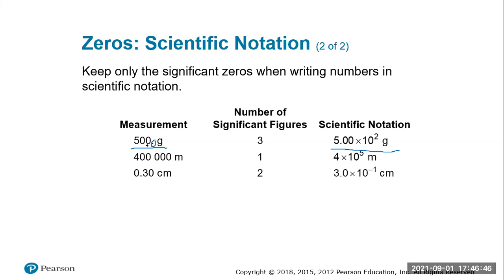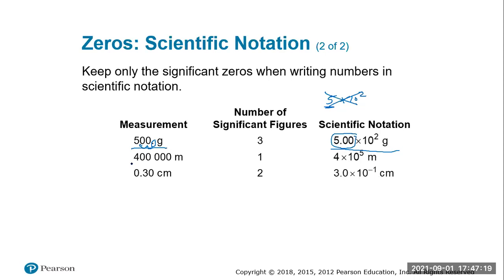Again, when we go 2 places to the left, that now should also have 3 significant figures. We would not want to write this one as 5 times 10 to the 2, because that would now have only 1 significant figure, and we would have lost some significant figures along the way. So it's really important that as you go from positional notation to scientific notation, you maintain the proper number of significant figures.